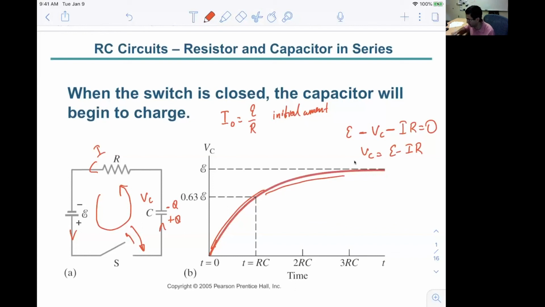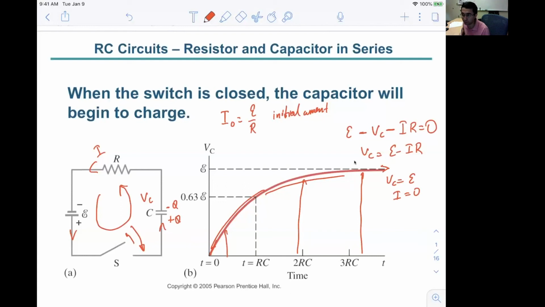At the beginning, the increase is fast because the capacitor doesn't have much charge and potential, so the current is large. But as you go higher and higher, with more and more charge, at the end the VC is going to be equal to the epsilon, and the current is going to be zero because the capacitor is filled and there is no current that can go through.